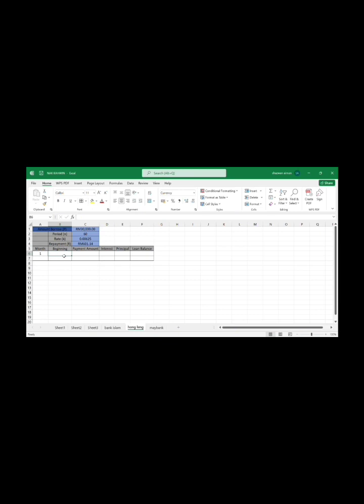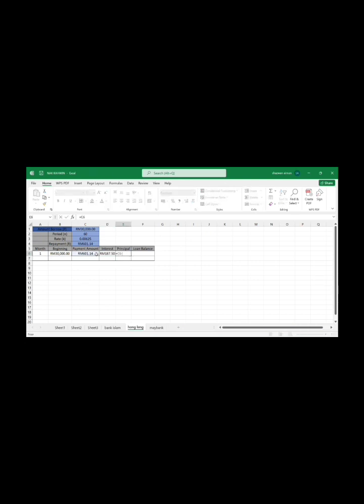For the first month, the beginning principal is the same as the beginning and then the payment amount is the same value of C4 and then the interest is B6 multiplied by C3 and then we got 187.50.